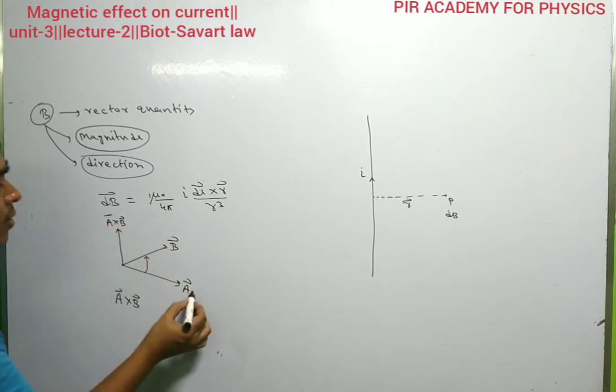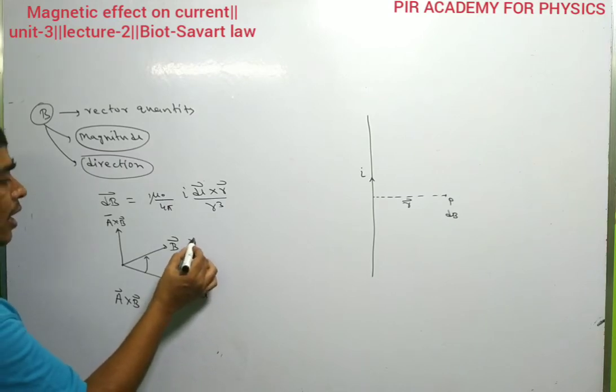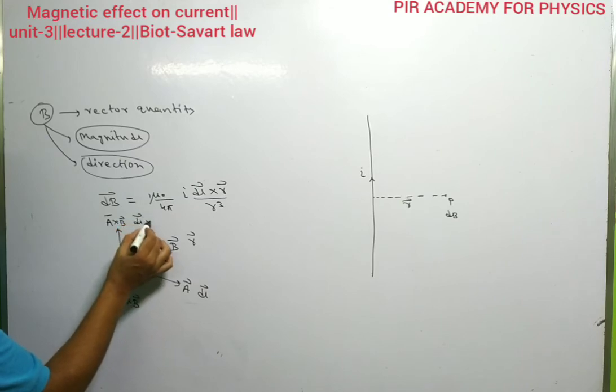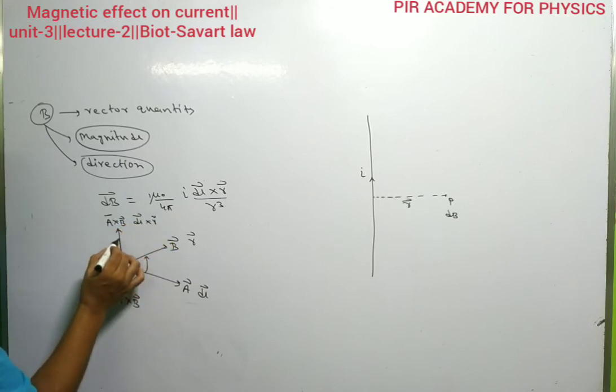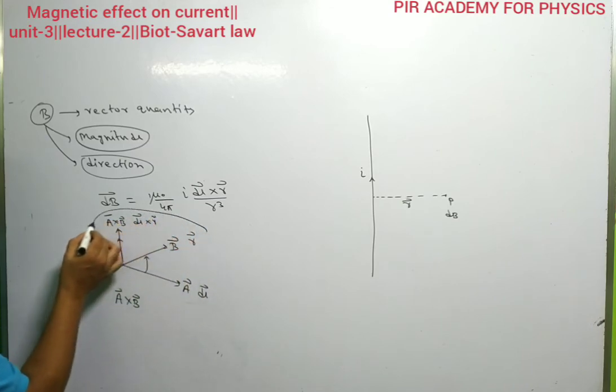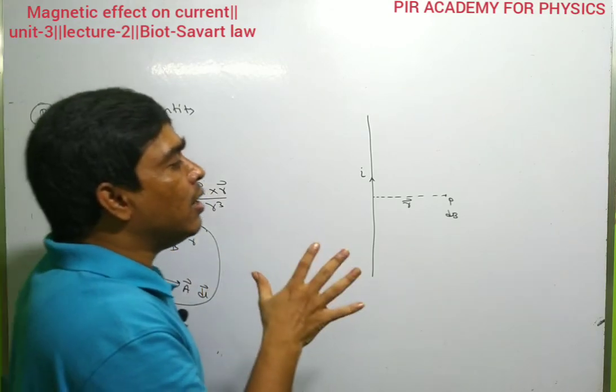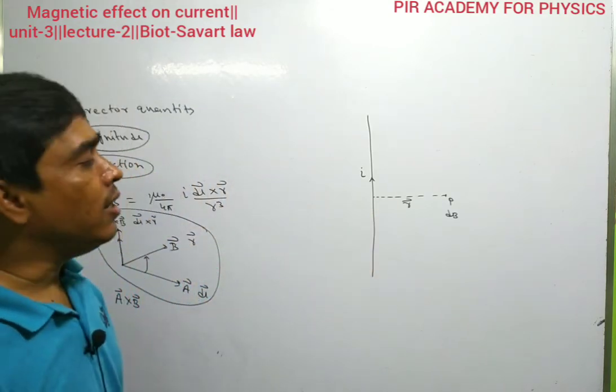Suppose this is dl and this is the r vector. The direction will be dl cross r vector along this direction. Using this concept of vectors, you can easily find the direction of this magnetic field.